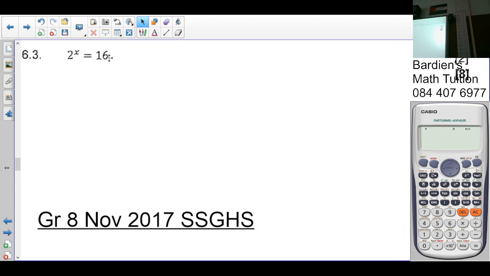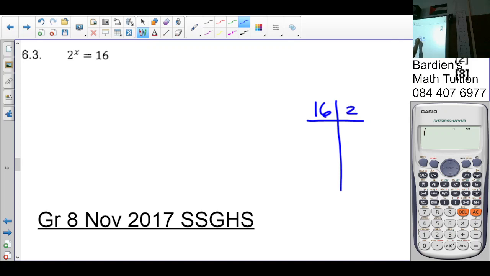I don't know if we did this type of equation yet. What would this answer be? 2 to the x is equal to 16. Oh, I don't think we did this one. But think about it. 16 can be written as a product of prime factors. 2 goes into 16 eight times, 2 goes into 8 four times, 2 goes into 4 twice, 2 goes into 2 once.